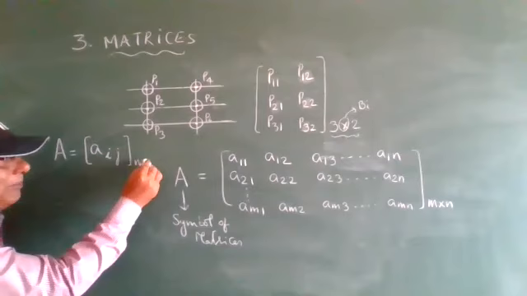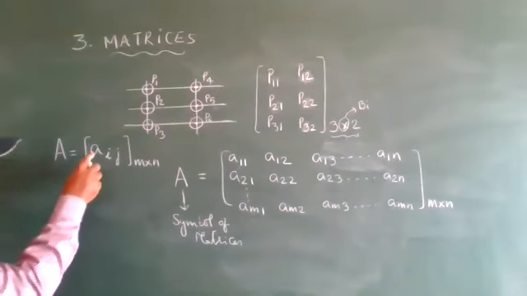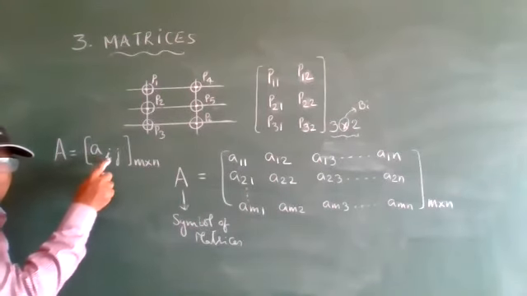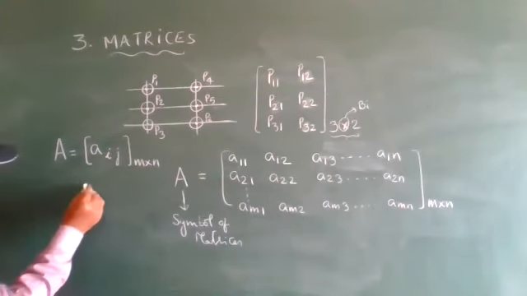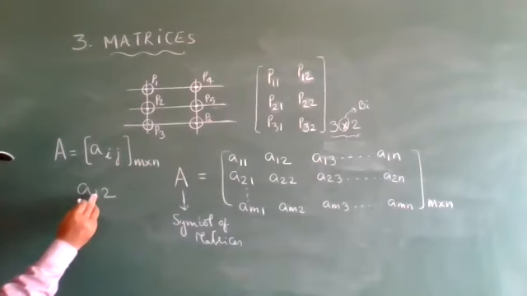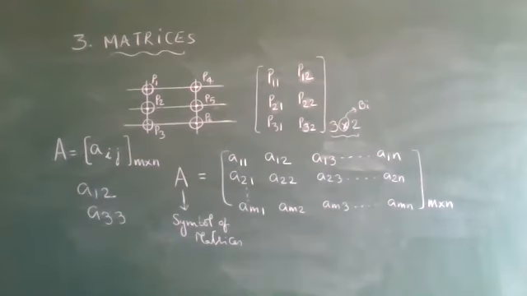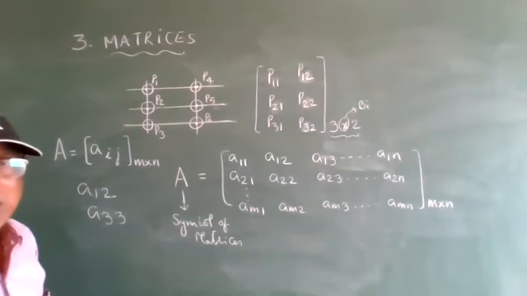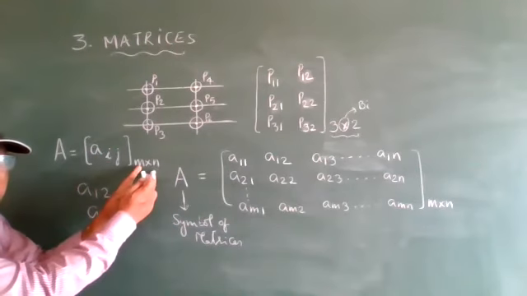So this is the m by n order. This is the position of the element: the ith row, jth element. A12 means first row, second element. A23 means second row, third element. This point is clear? This is the position of the element. This is the order of the matrices.